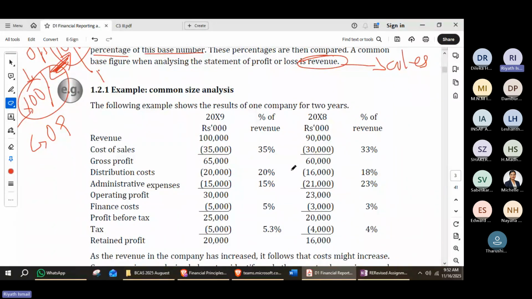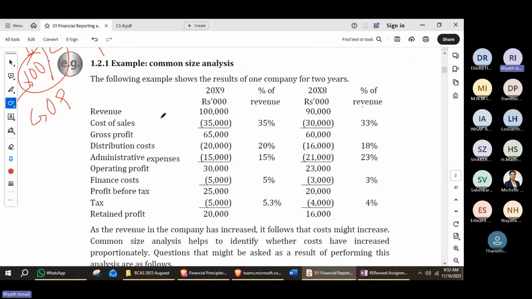Here is an example of common size analysis. The following example shows the result of one company for 2 years. This is vertical common size. They gave us the revenue, sales, and cost of sales.